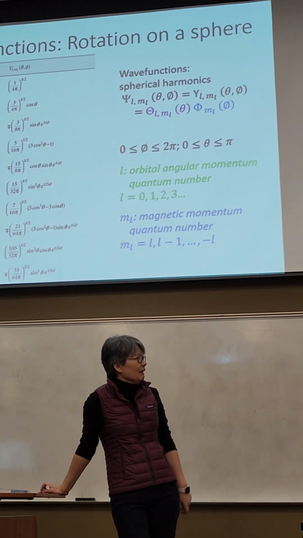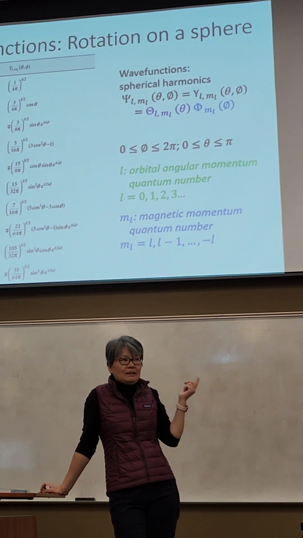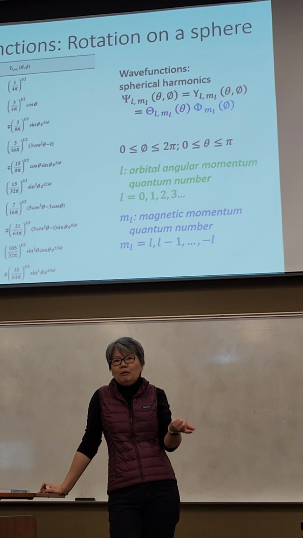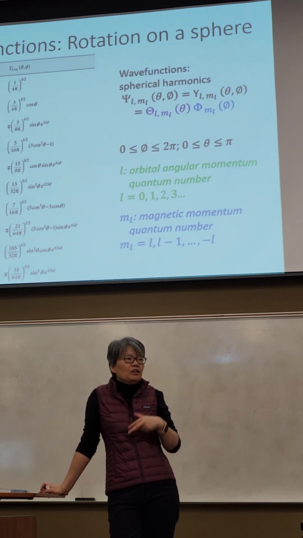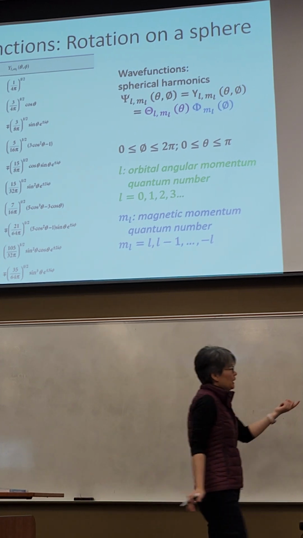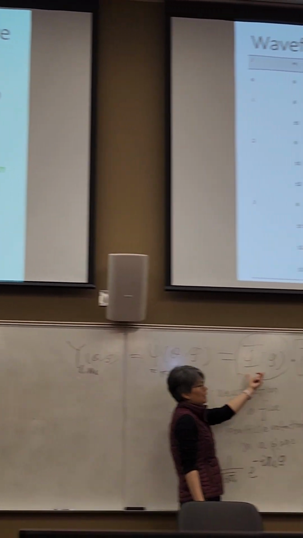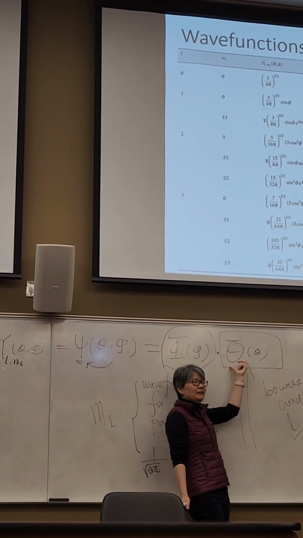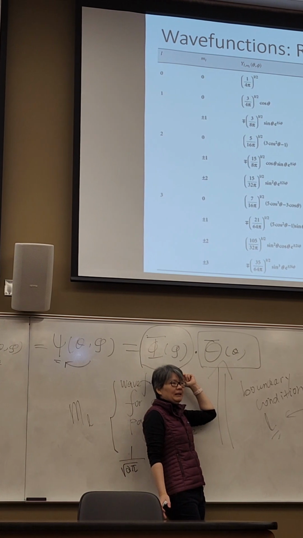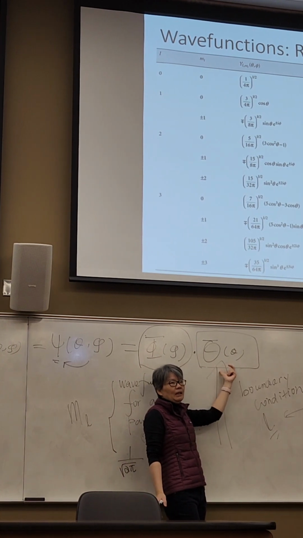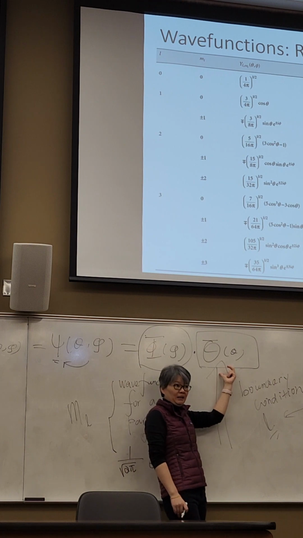Okay, now we were successful in using separation of variables to solve for the rotation on the sphere. So the wave function solution should be a product of two components. One component is related to theta, the other component is related to phi, the solution for the particle rotating on the sphere.